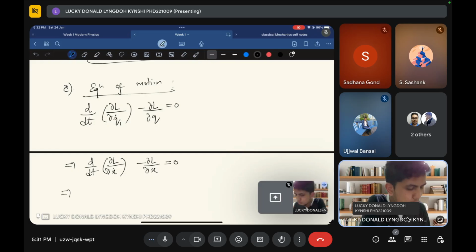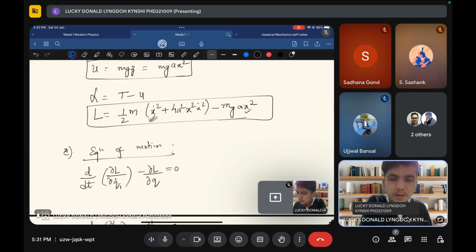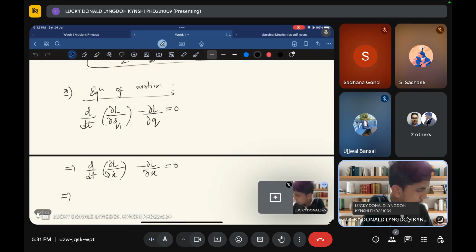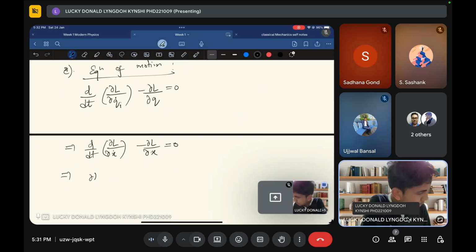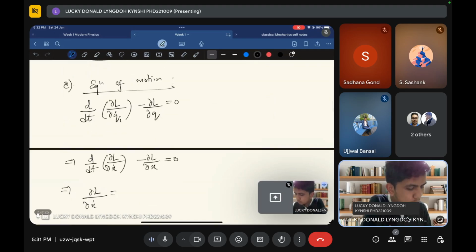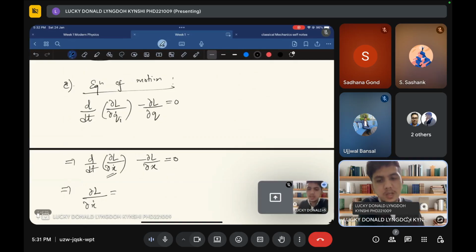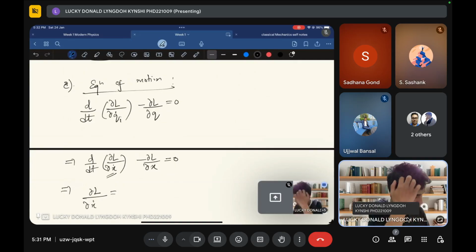So now you just have to take the derivative of this. First let's start with del L divided by del x dot, and del L by del x, because we need to solve these problems. Take the derivative again, then you will get the total solution.